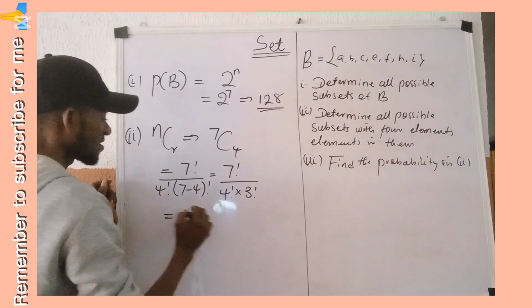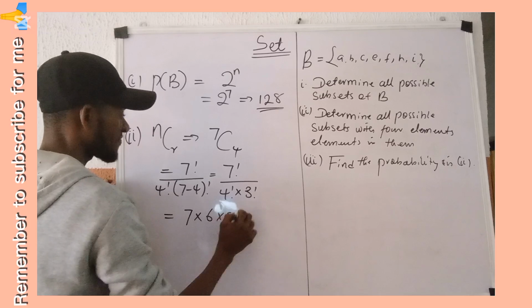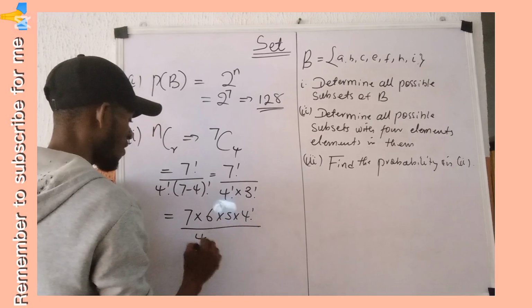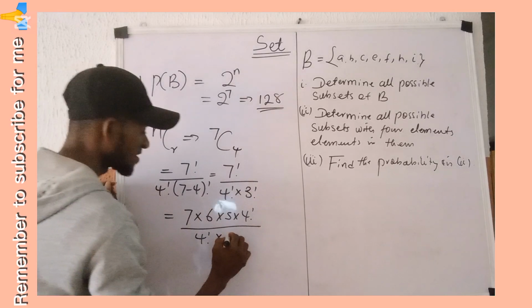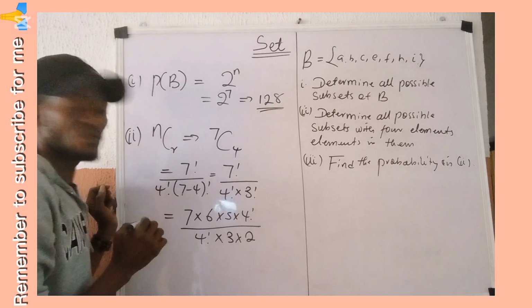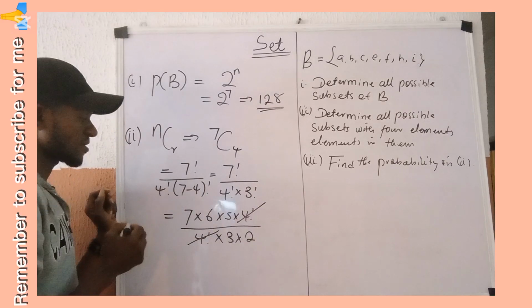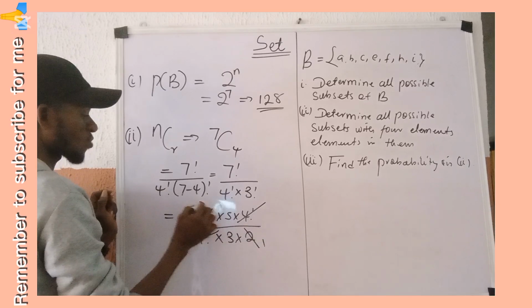This is going to be 7 times 6 times 5 times 4 factorial all over 4 factorial times 3 factorial, and 3 factorial is the same thing as 3 times 2. So this 4 factorial will cancel this 4 factorial. Here I have 2, 2 here is 1, 2 here is 3.